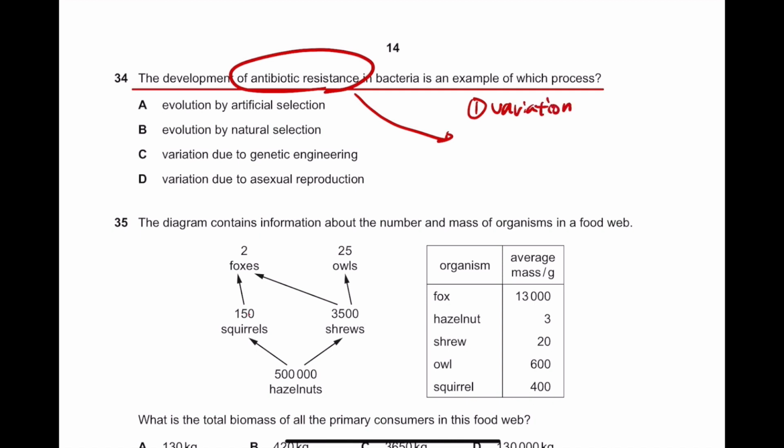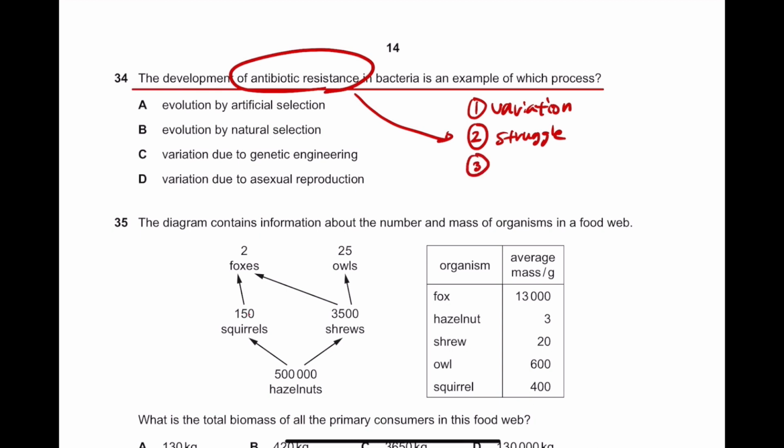So amongst all the millions of bacteria, there can be one bacteria that has an antibiotic resistant gene. So that's called variation. And second, if antibiotics is put into the region where there are a lot of bacteria, including that specific bacteria which has an antibiotic resistance, it's going to give a lot of struggles to them.